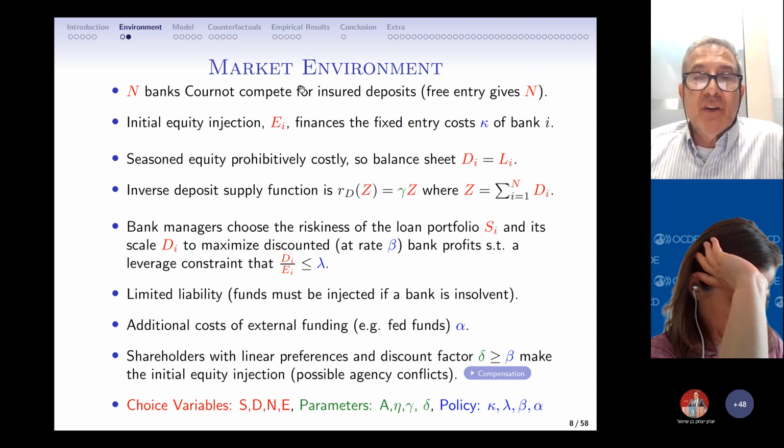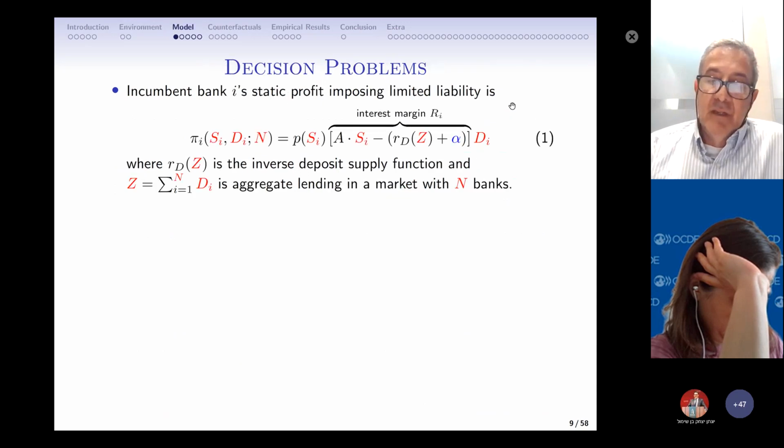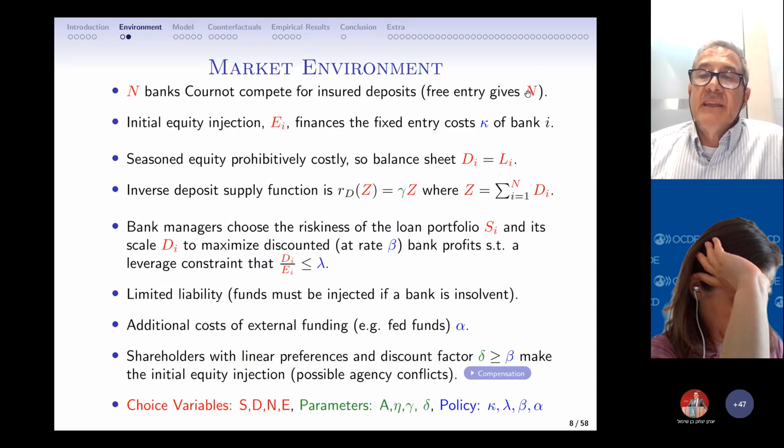That part's the same, but what's going to be different is that free entry is going to pin down the number of banks. You can think of there being an initial equity injection that covers the fixed entry costs of the given bank.